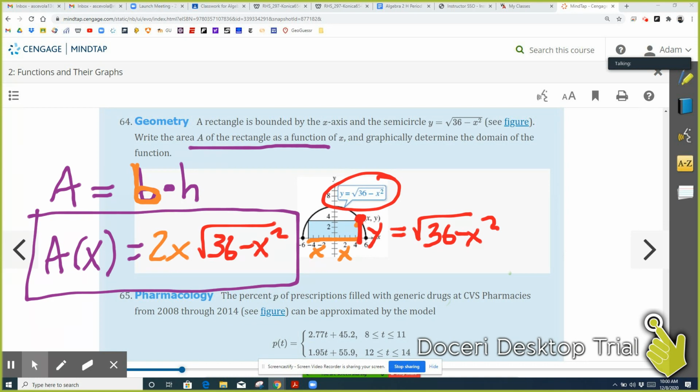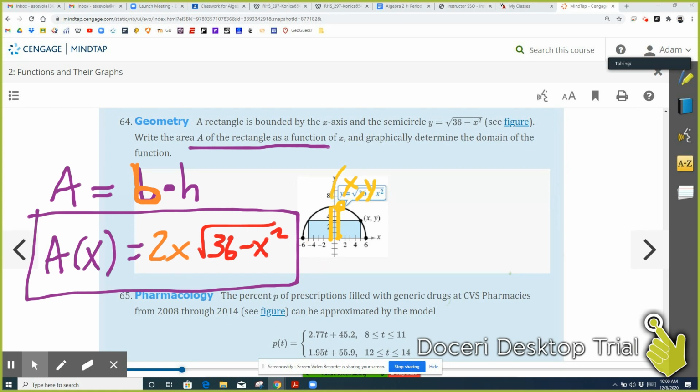And then graphically determine the domain of the function. So remember at the beginning of the video, I drew all the different ways that this rectangle could look. The smallest it could be would be an x coordinate right to the right of the y-axis.